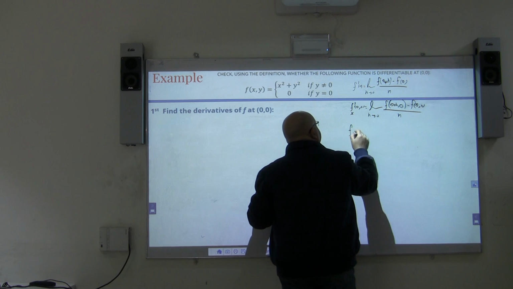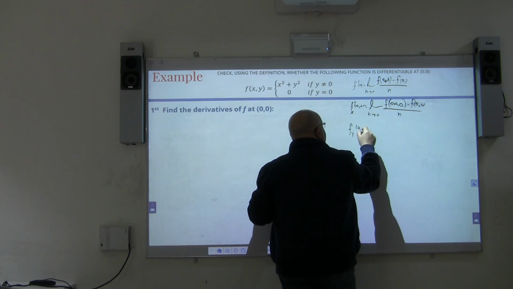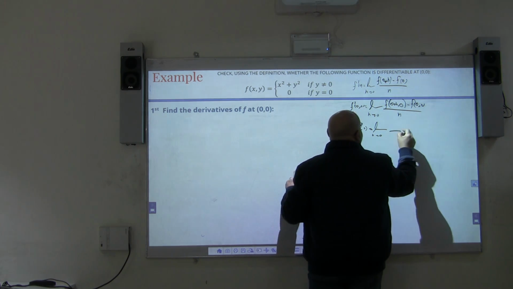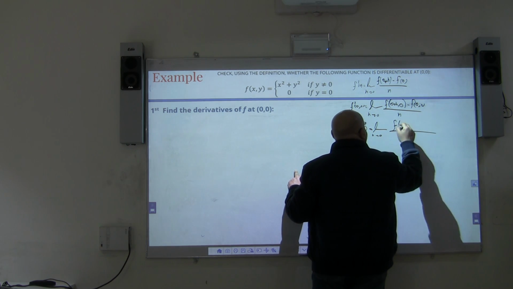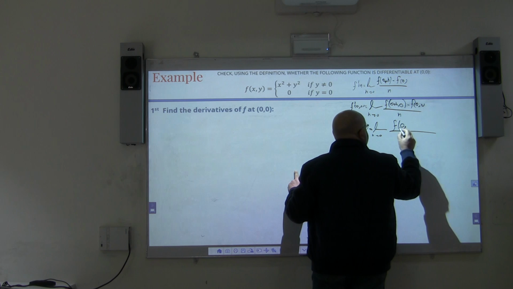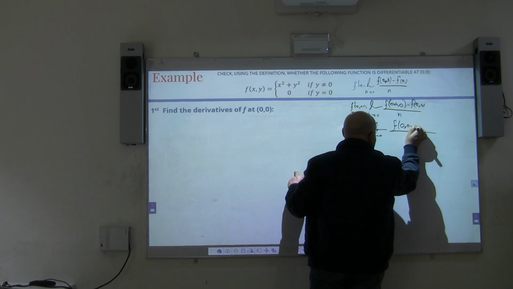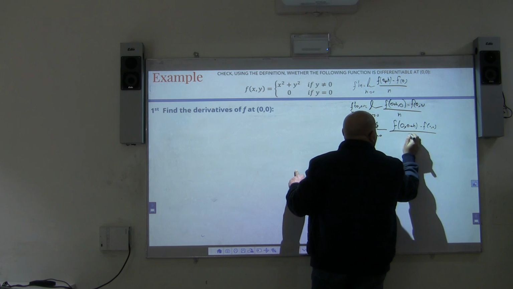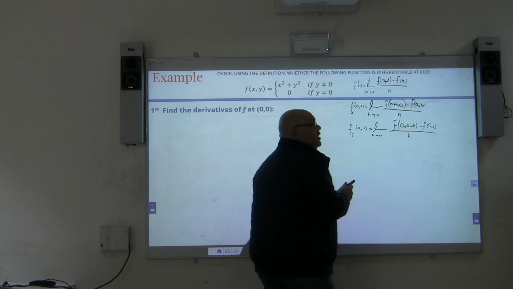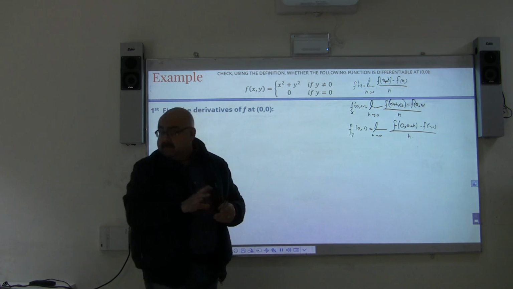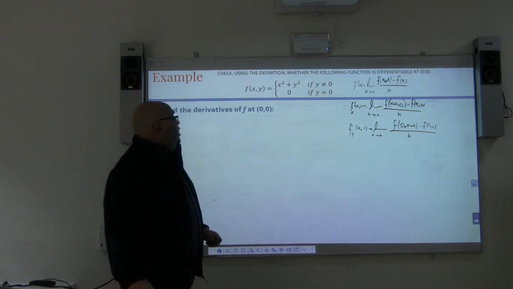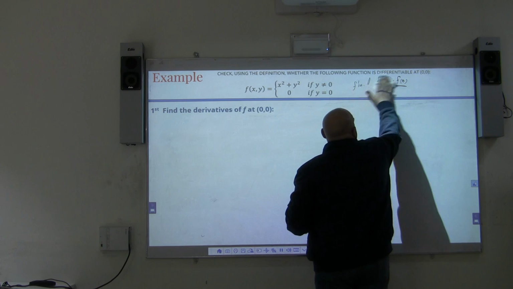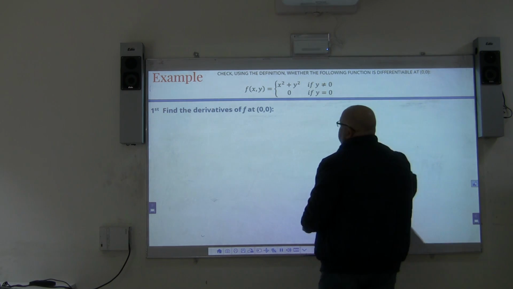If I want to find f sub y at (0, 0), it's going to be the limit as h tends to 0 of f with x equal to 0 but the y component 0 plus h, minus f at (0, 0), divided by h. These are the two main laws that we can use in order to find the partial derivatives of your function, as you will see.